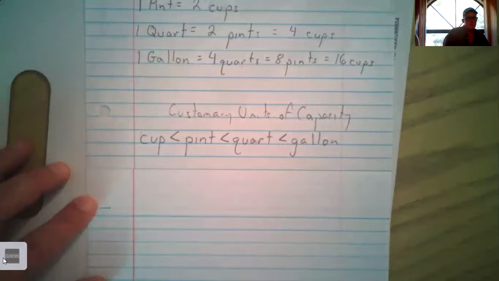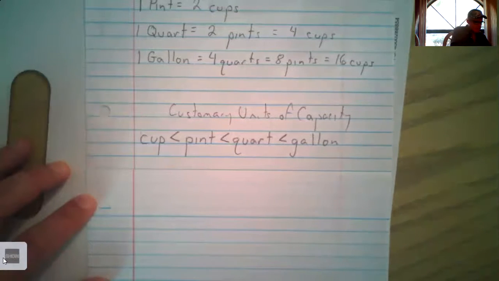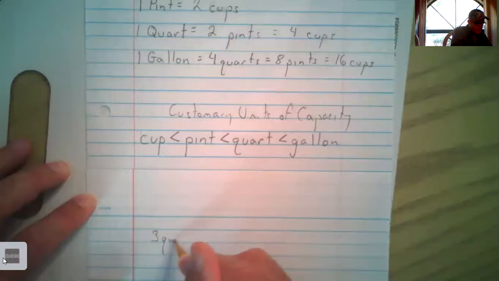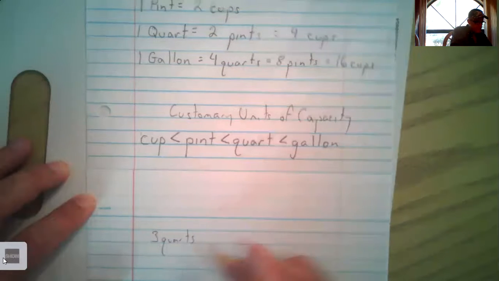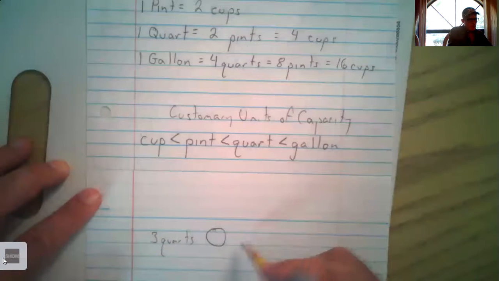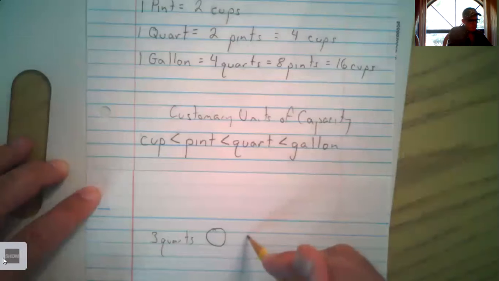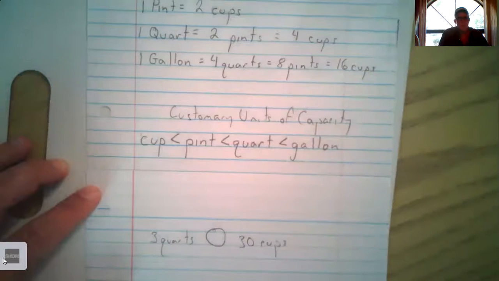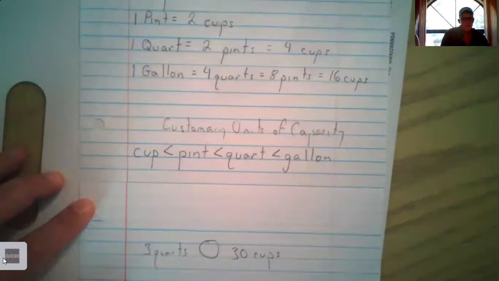For example, let's say we're going to compare 3 quarts to, I'll make it simple, 30 cups. Is 3 quarts less than, equal to, or greater than 30 cups?